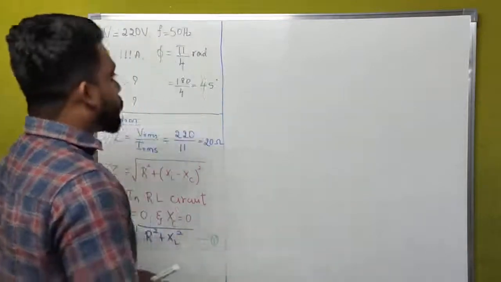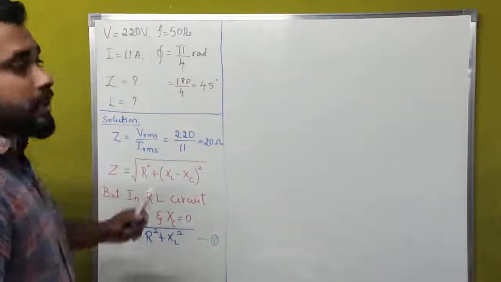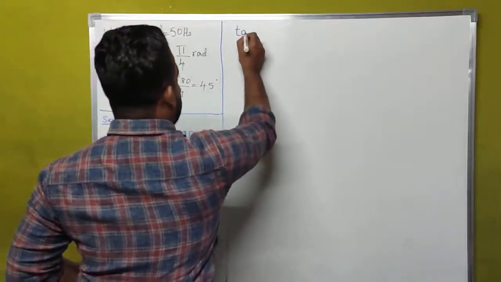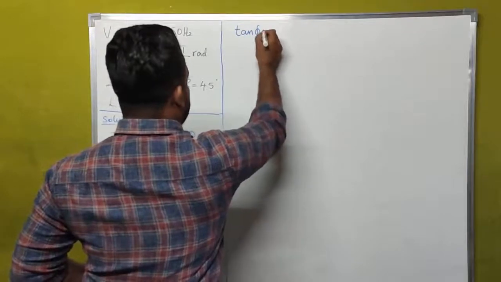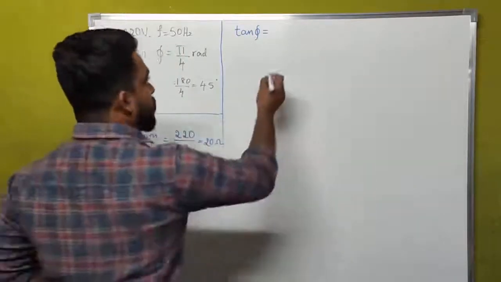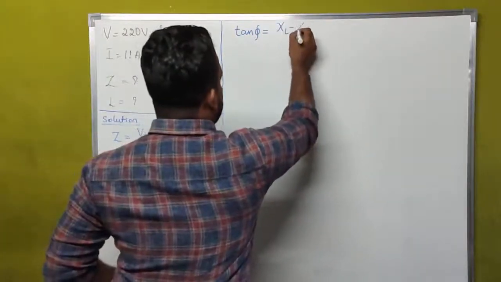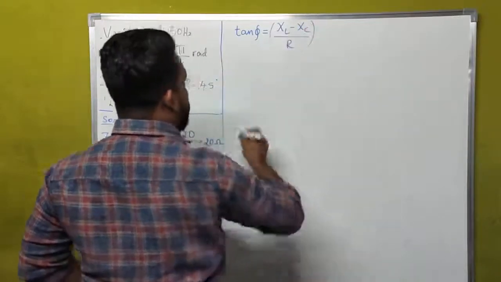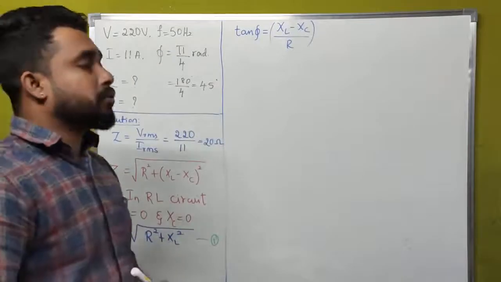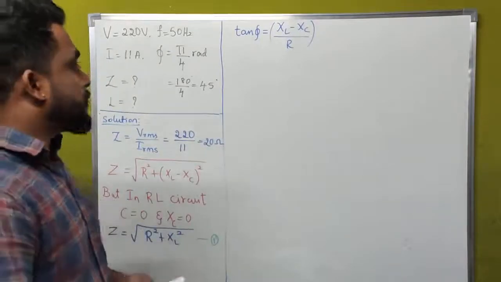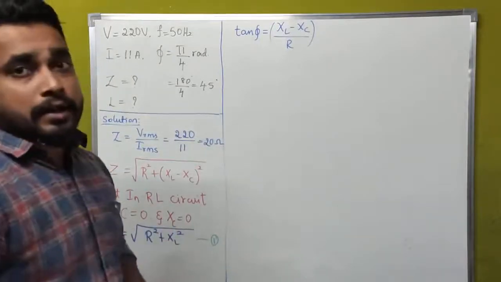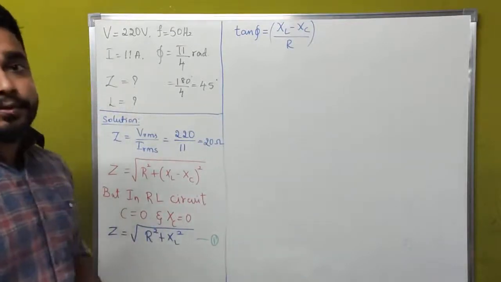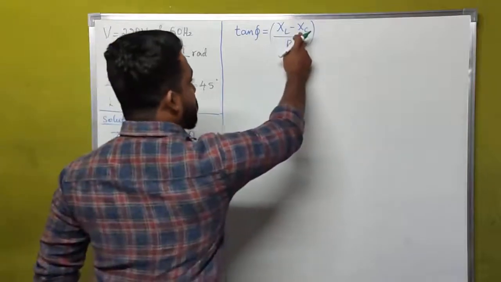Now I am going to consider the phase angle expression, that is tan phi is equal to XL minus XC divided by R. This is the expression for phase angle, or phi is equal to tan inverse of XL minus XC divided by R. But in the case of absence of capacitance, the value of XC is equal to 0.